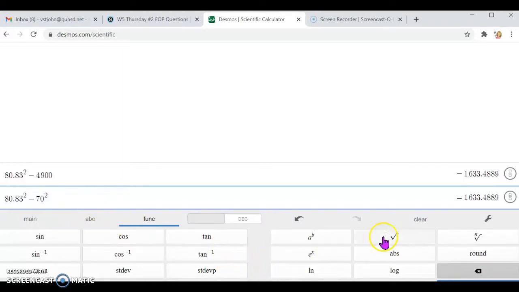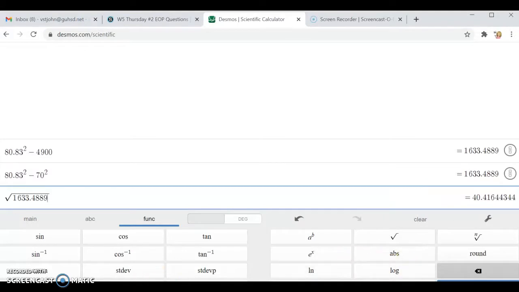I cannot see everything. Oh, here we go. We're going to take the square root of 1633.4889. But look at 40.41, which is exactly what we got when we did it the other way. And honestly, the other way using the trig functions was so much easier.